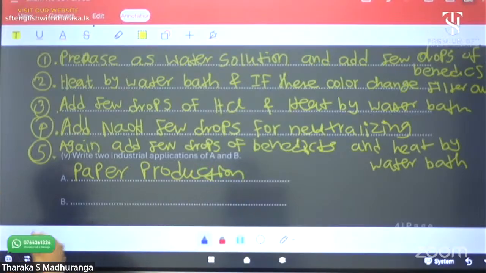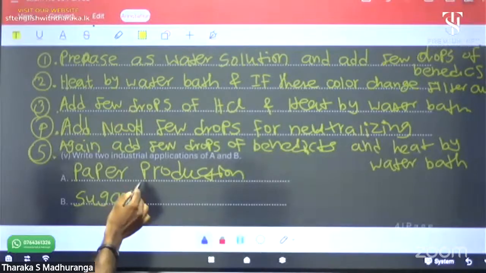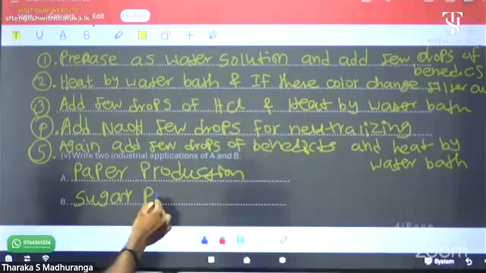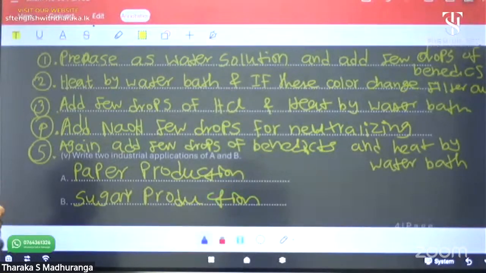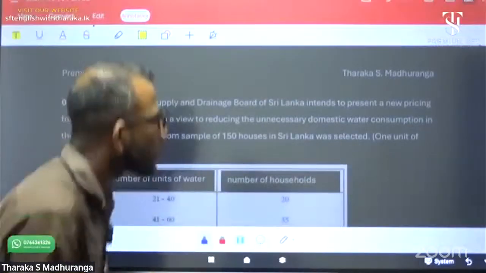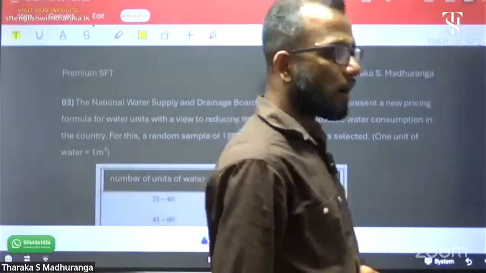And sucrose: sugar production, sugar and sweet foods. Okay, those are the industrial applications. That's the end of the structured essay part.